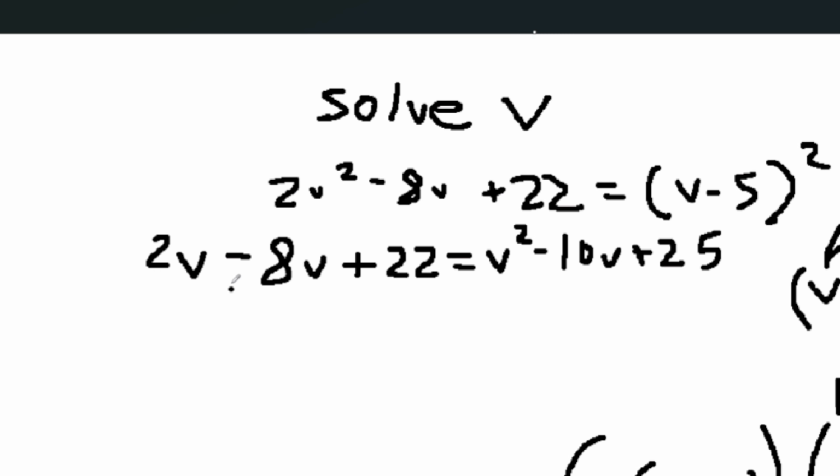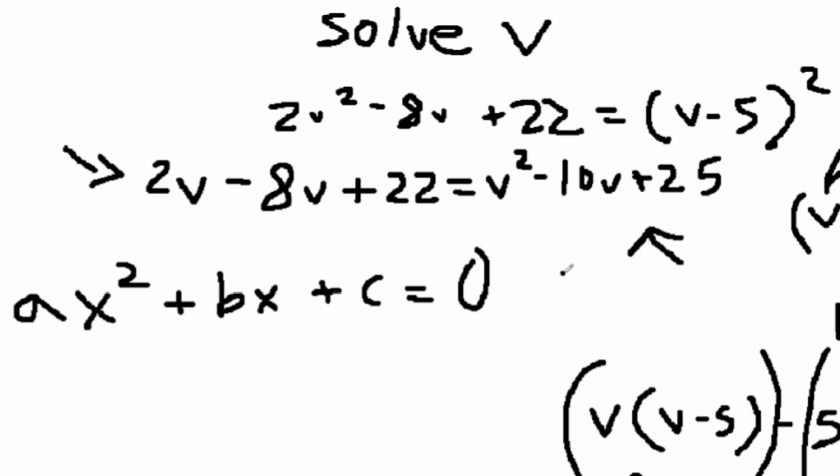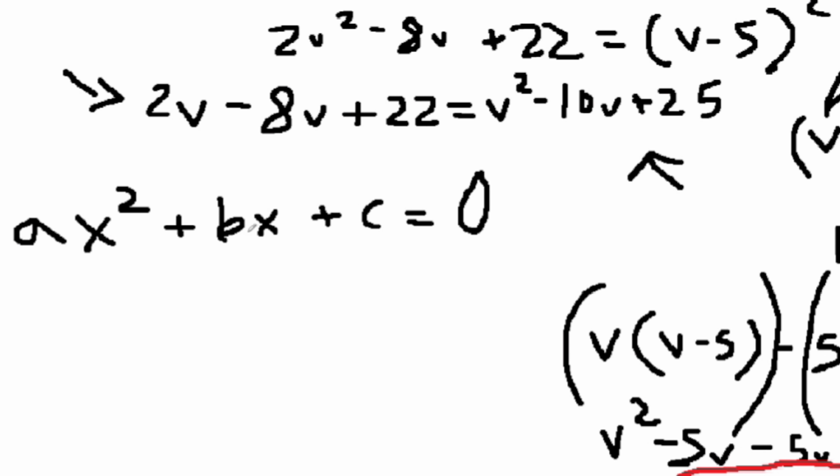We can subtract this from this to get something like this, where ax squared plus bx plus c equals 0. So let's try to get that. So we can subtract this with this.